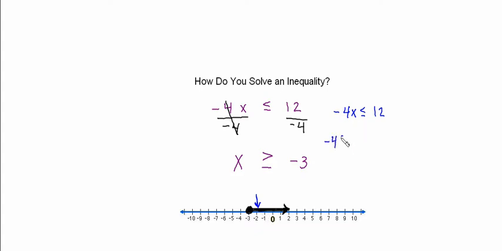Negative 4 times negative 2 is less than or equal to 12. Negative 4 times negative 2 is positive 8. 8 is less than or equal to 12. Well, 8 is less than 12. So this inequality evaluates to true, which means we solved it correctly.